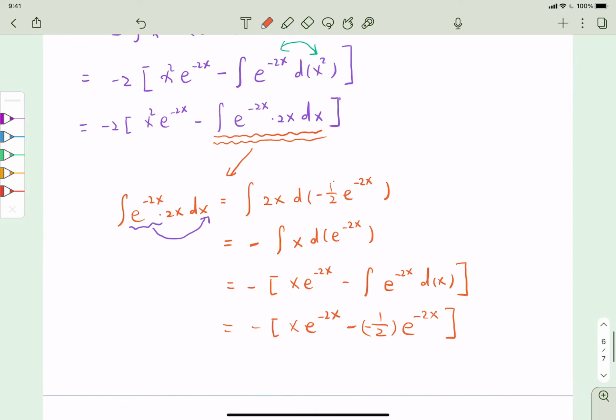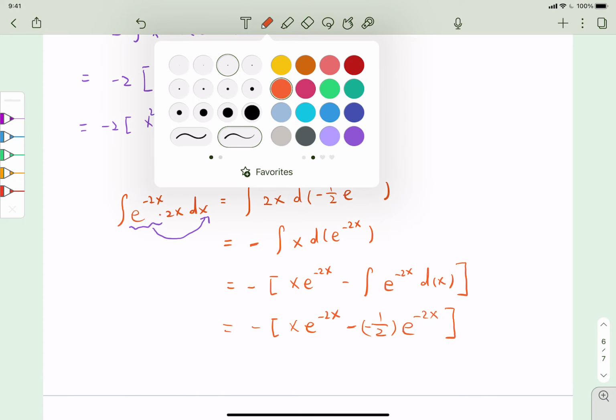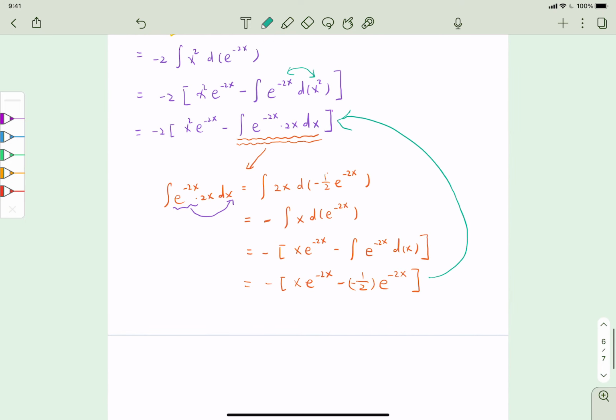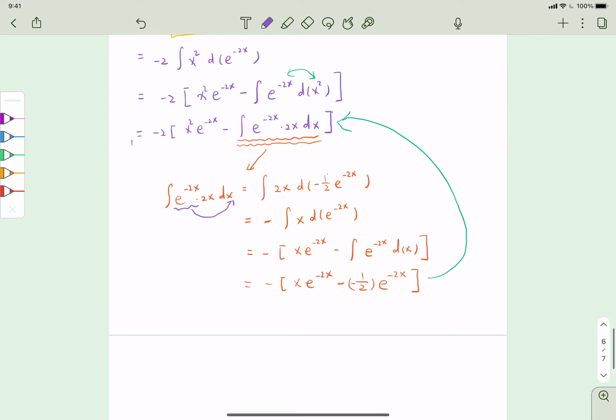Okay, so that is that guy there. And finally we plug this guy back into the expression here and write out your final answer.